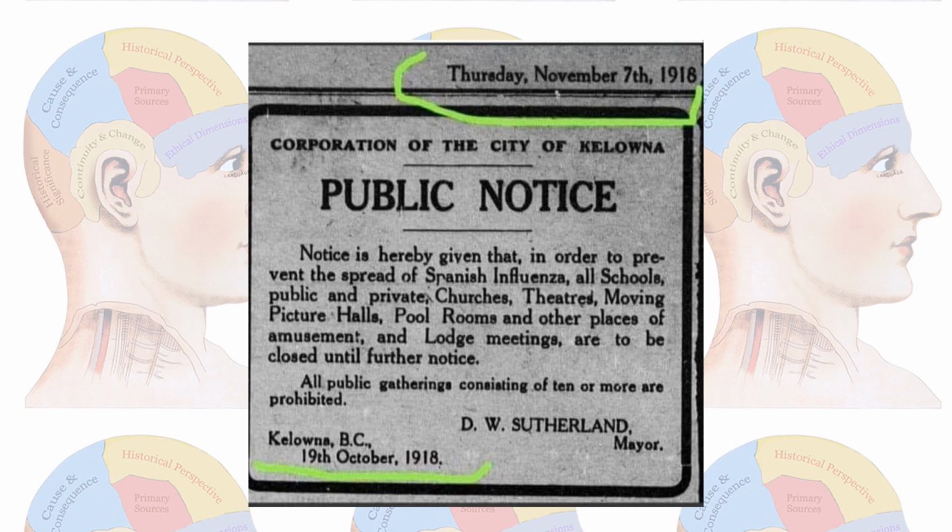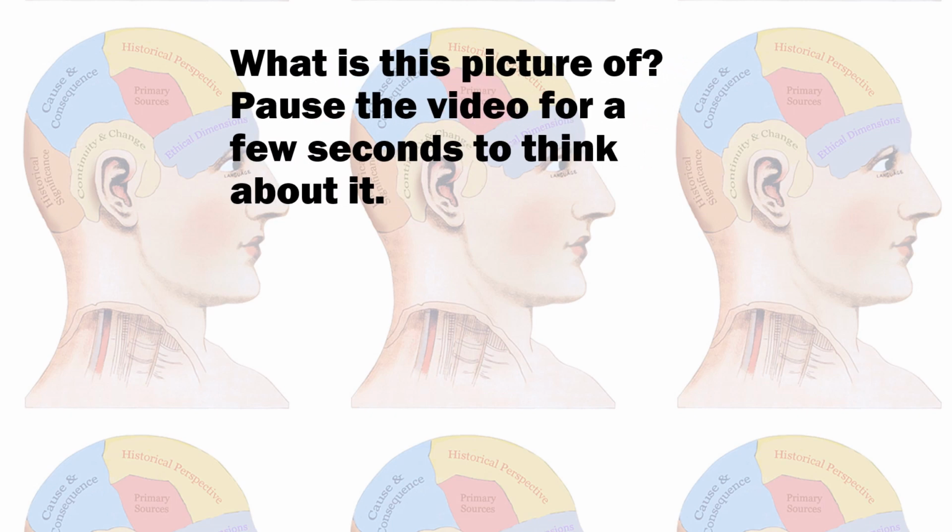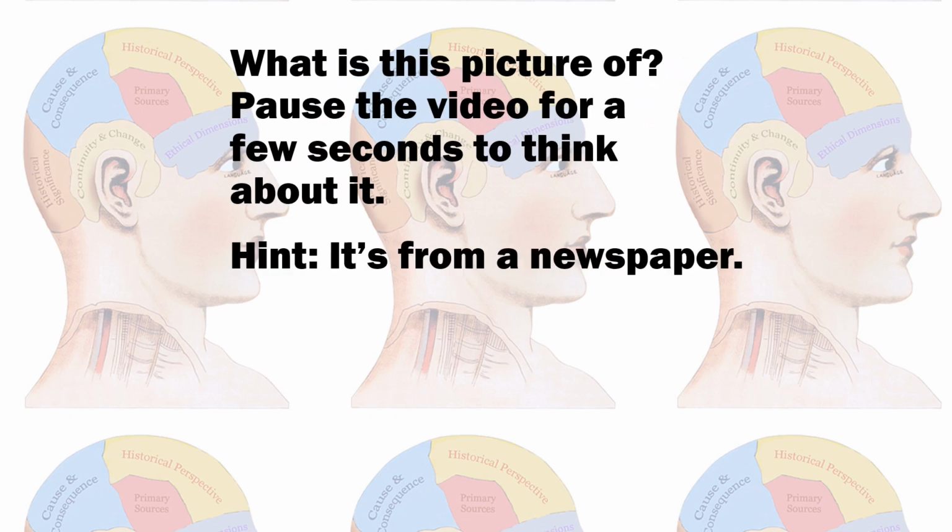Take a look at this picture of a public notice. You can take a moment to read it. You can be thinking about comparing it and contrasting it with the present day. It's from a newspaper.